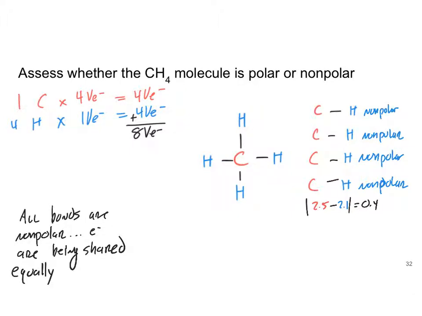And as a result of that, this molecule ends up not having any dipole moments. So the electrons are not spending any more time with one atom than they are with another atom. And so as a result of that, we would say that this molecule is symmetrical. And if the molecule is symmetrical, we would call it a nonpolar molecule.